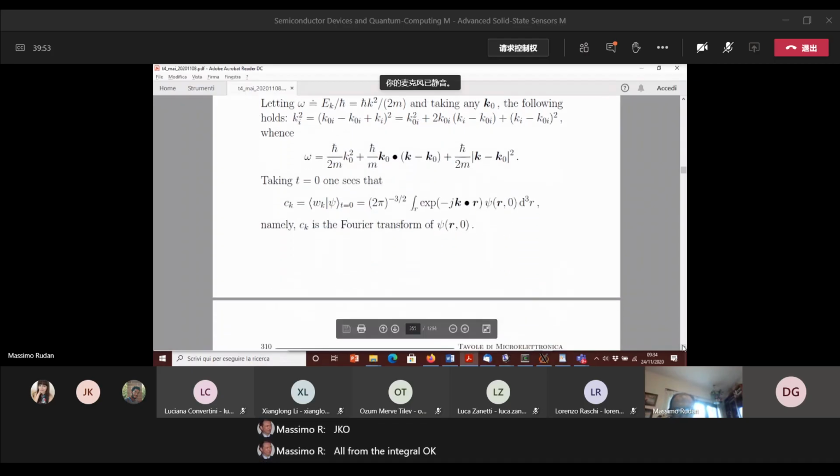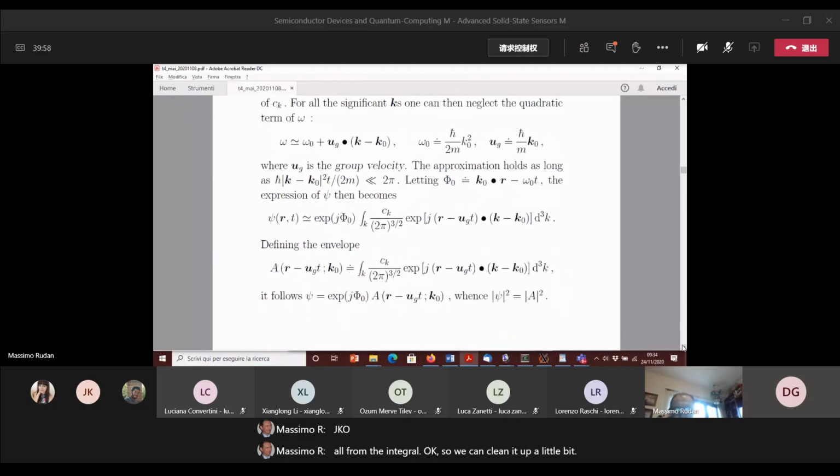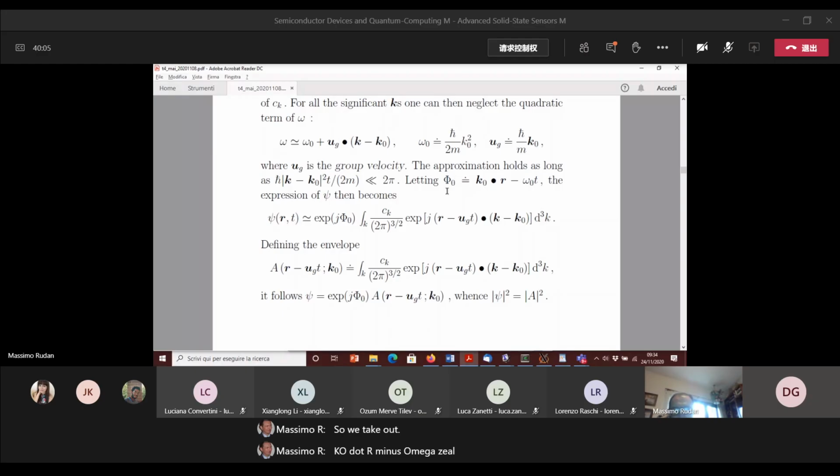Okay, so we can clean it up a little bit. So we take out k0 dot r minus omega 0 t, and we call it globally phi 0. This is a phase that depends only on r and t and parameters, okay? So the wave function essentially after this approximation has a factor that is the exponential of j phi 0.